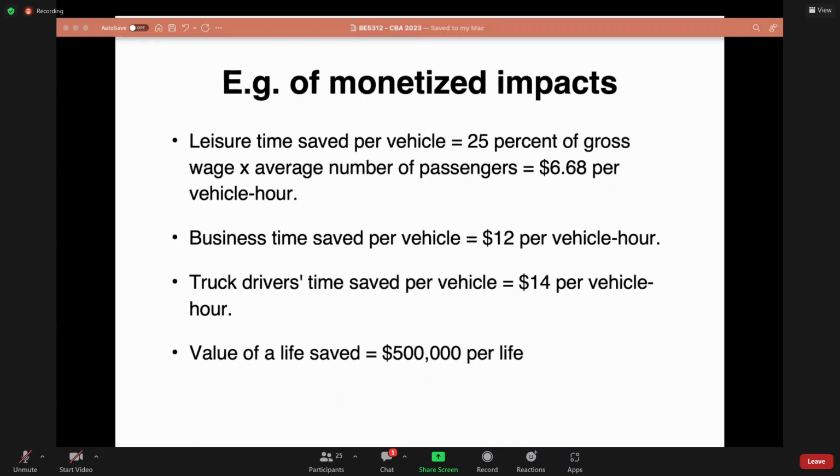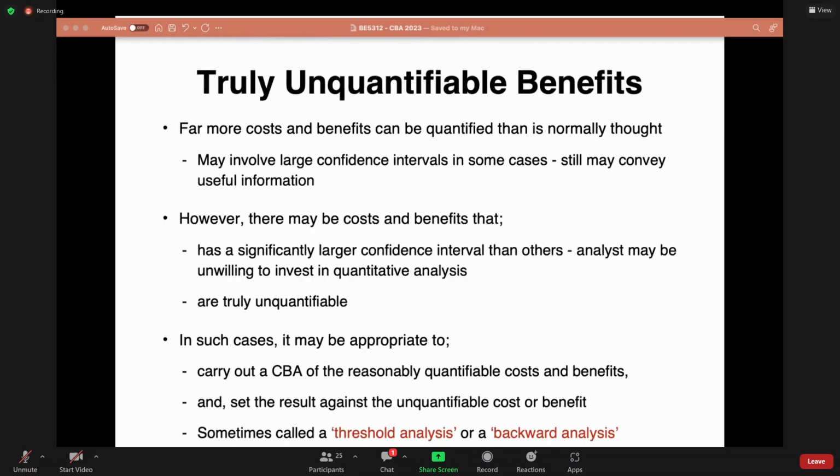Okay, so likewise, all the costs, benefits, each and every impact you have identified, you will have to then assign a money value to. Once you have done that, you might still end up with some benefits or costs that you are not able to quantify.